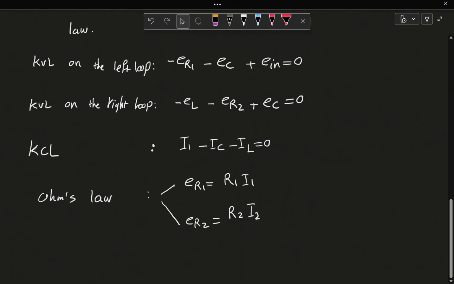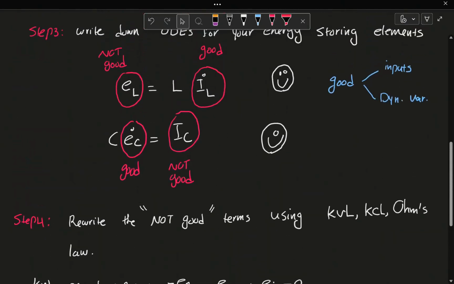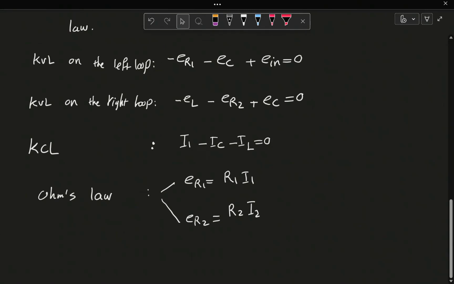So once again, let's look at your step 3 and refresh our memory. What are we looking for? We are looking to rewrite EL and IC in terms of our good terms. What are our good terms? Our dynamic variables and our input. Now, let's look at this.